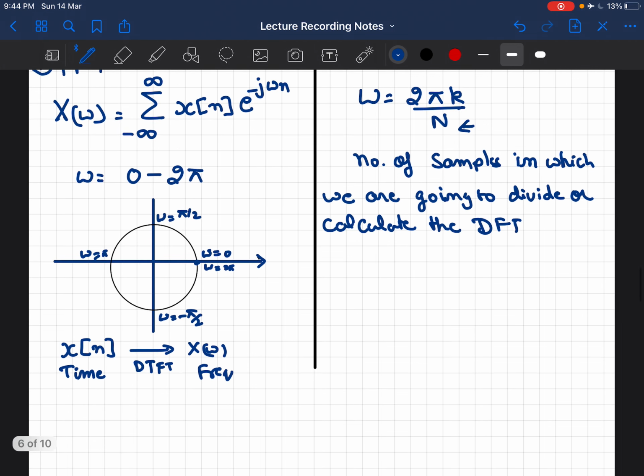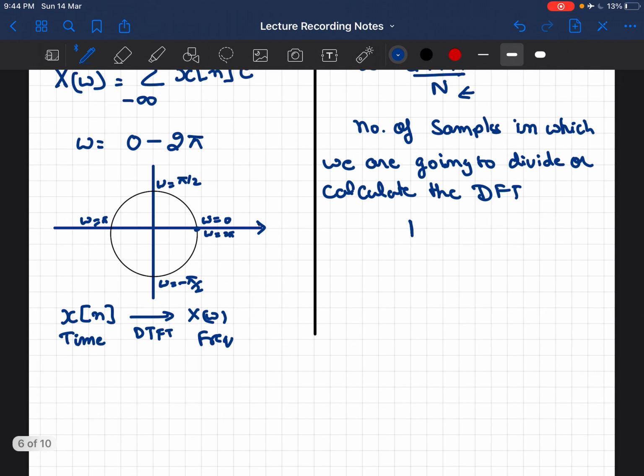So let us take an example. Let us take N equals 8.